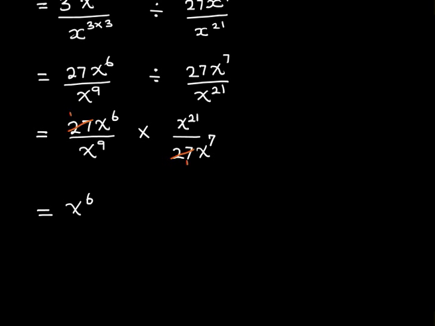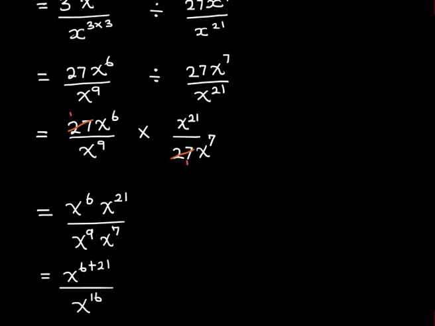Then we can have this x to the power of 21 divided by x to the power of 9, then x to the power of 7. So we come up with x to the power of 6 plus 21 out of x to the power of 16.